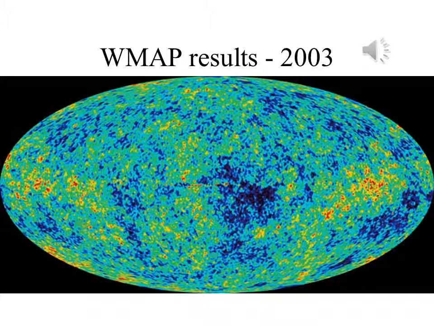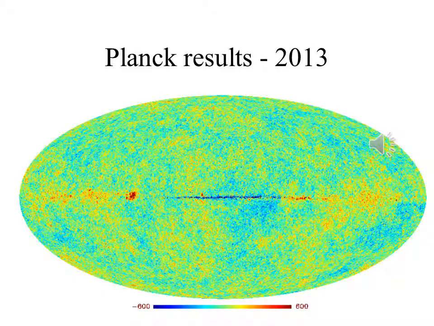And it's from WMAP, the Wilkinson Observatory, that was looking at those variations. First results came in 2003. So we had COBE in 91, WMAP in 2003. Planck results were only up last year. So those tiny variations that you're seeing here in more detail came from the Planck satellite.